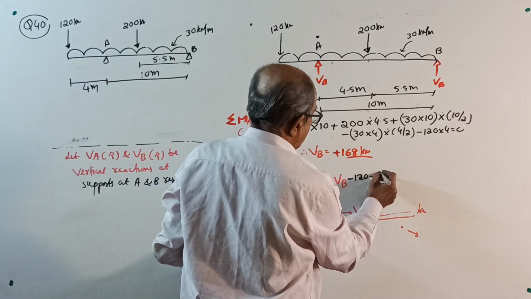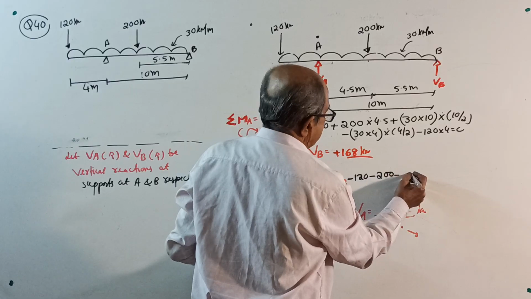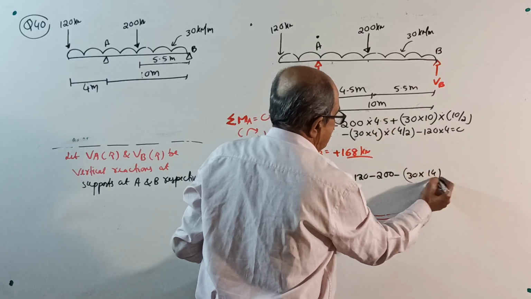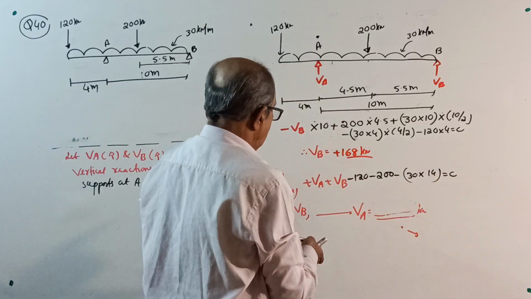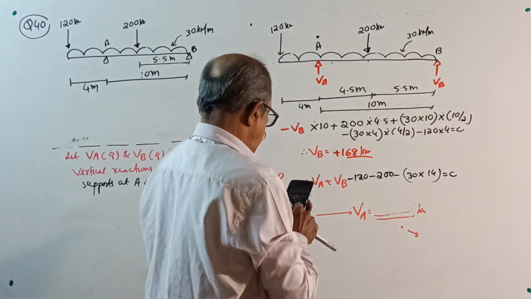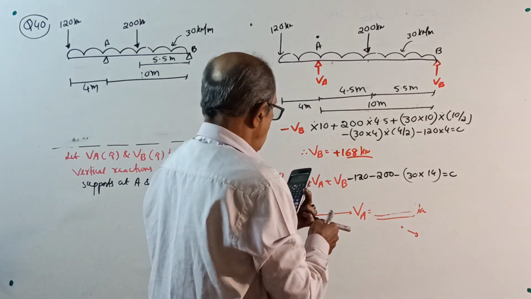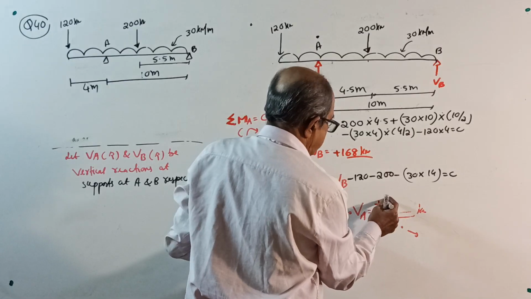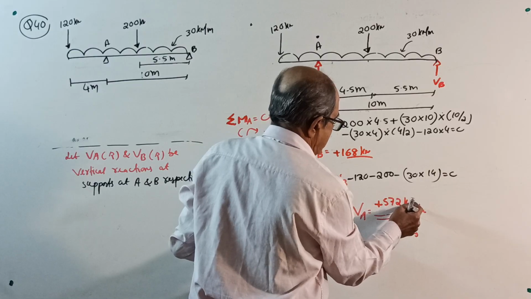One more point load minus 200 minus 30 into full load 10 plus 4, 14, equal to 0. Substitute for VB, we will get VA 320 plus 30 into 14 minus 168, 572 kilonewton.